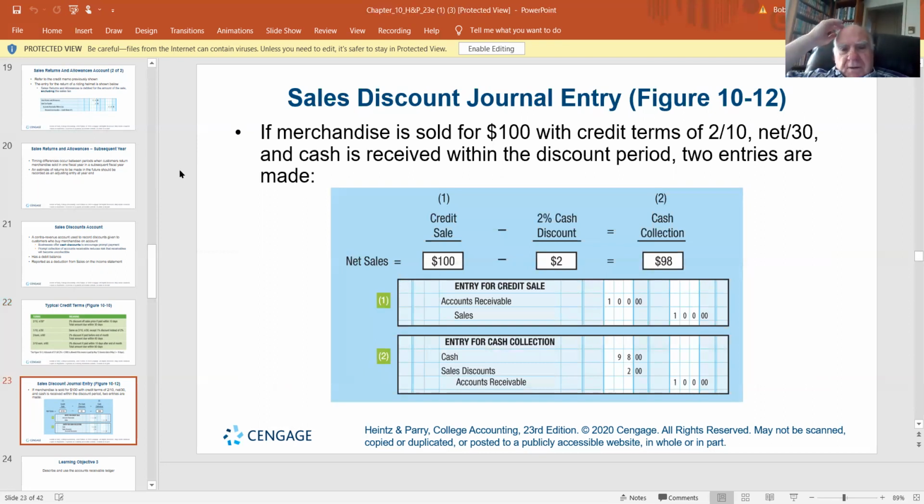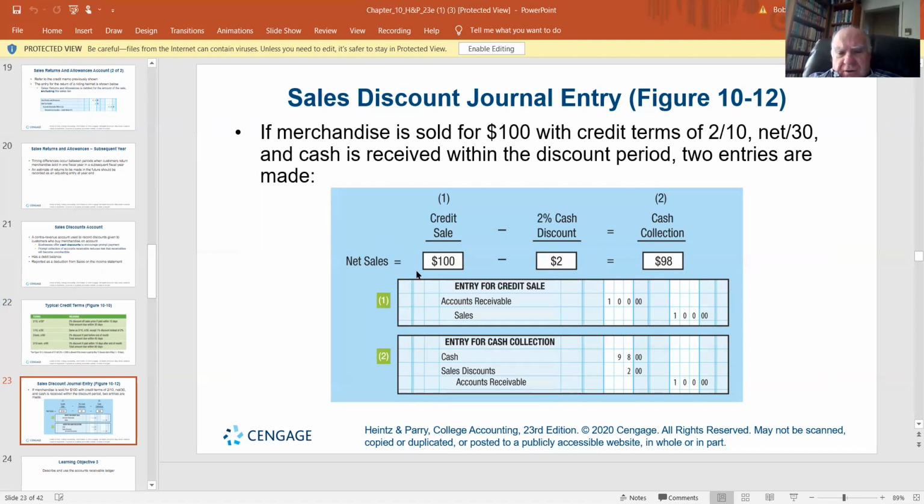So here we go. Merchandise is sold for $100 with credit terms of 2/10 net 30, and they received cash within the discount period. Let's look at the journal entries. First of all, they sold on account.